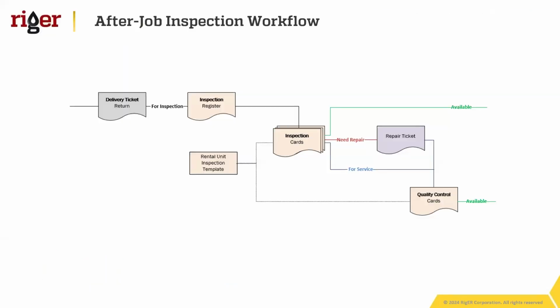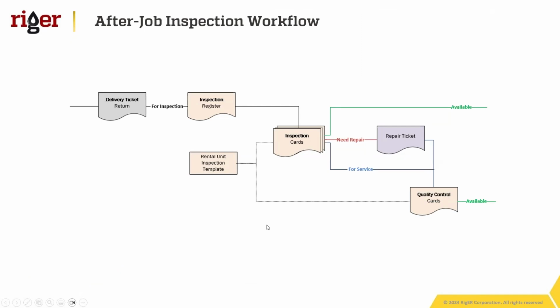Then let's move on to the after-job inspection workflow. We've already seen the pre-job inspection, but when you have a delivery ticket return generated and the trigger is selected to create an inspection, the inspection register creates the inspection card, and you can then, upon the inspection results, either have the unit go back to available inventory or send it in for repair and service.